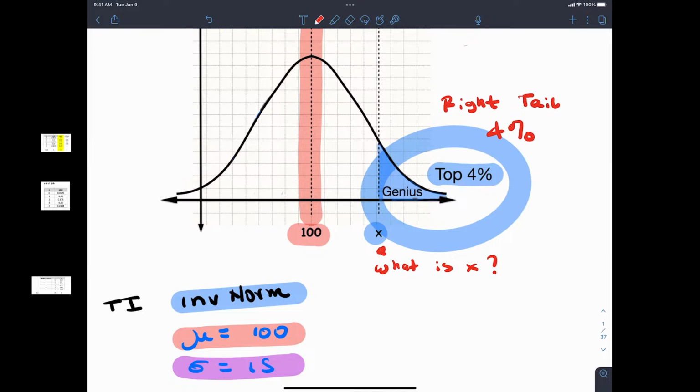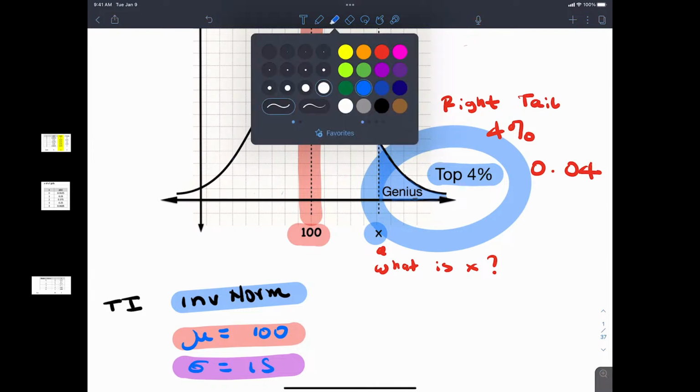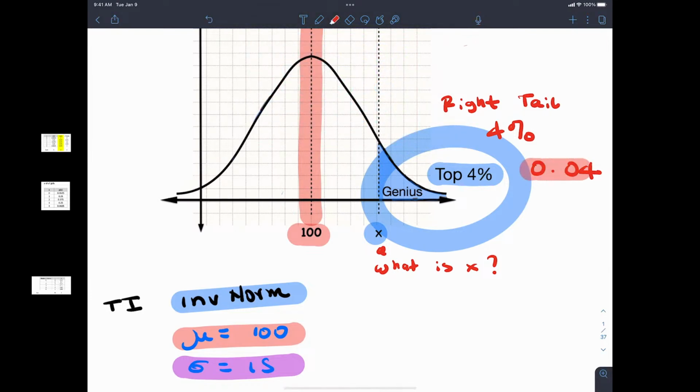It's in the right tail. Top 4%, that's 4% of the area in the tail. How do you write 4% as a decimal? I want you guys to notice two things. 4% is 0.04, and they're referring to the right tail because it's top 4%.